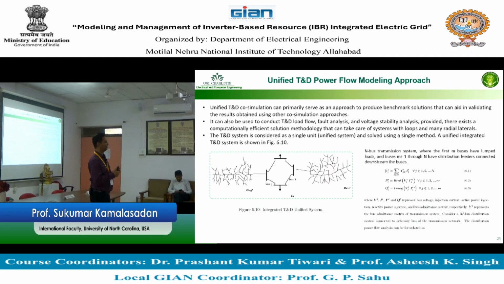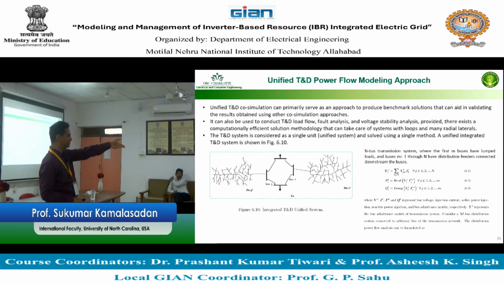Now look at the line representation in the transmission system: one simple reactance or a resistance. What's the line representation in the distribution system? 3 by 3. So this big matrix is sitting there at 3 by 3. So that is the first challenge. If you solve that challenge, most likely the algorithms may converge.